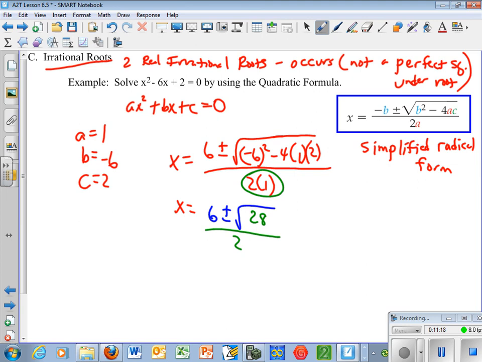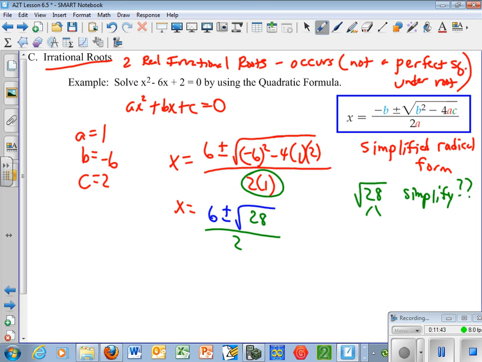Notice there's not a perfect square under the root, which makes it irrational. Any square roots that don't come out to be whole numbers make it irrational, and it's going to be 2 answers because of the plus minus symbol. So what you need to do is think about the square root of 28. Can I simplify it?